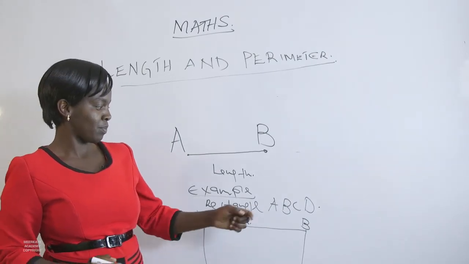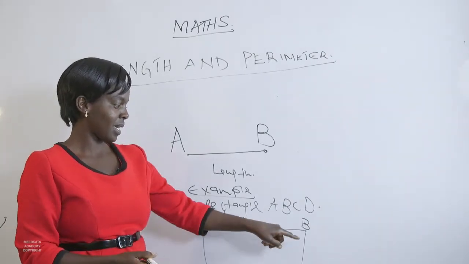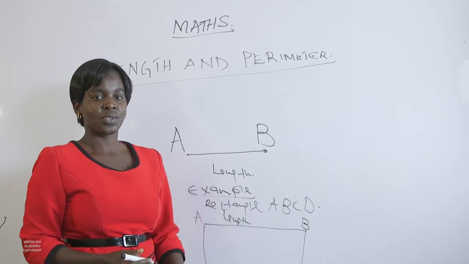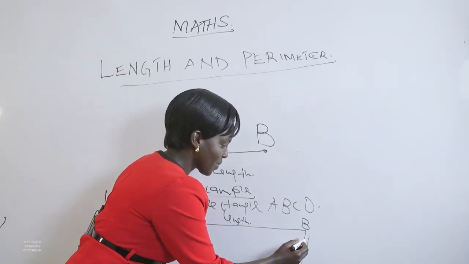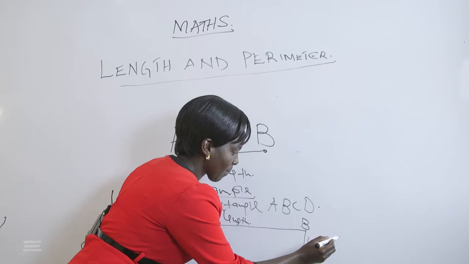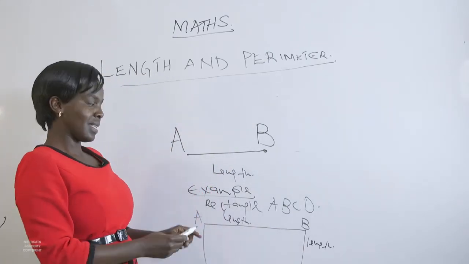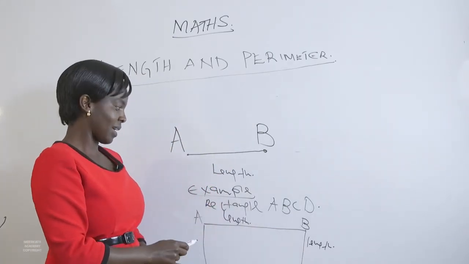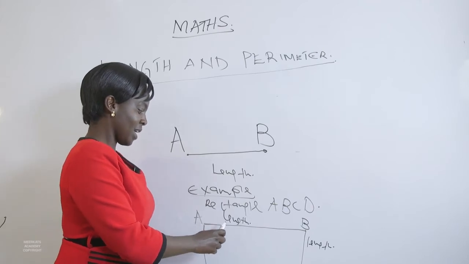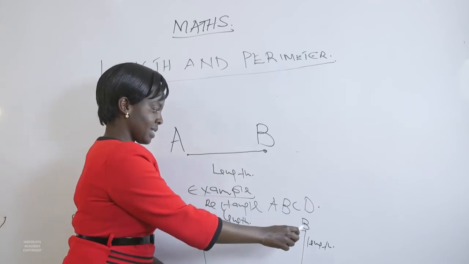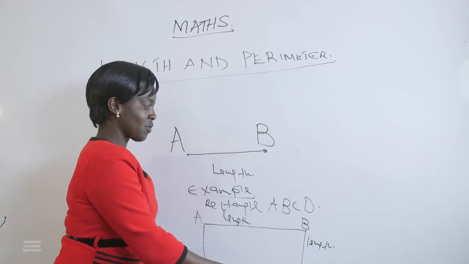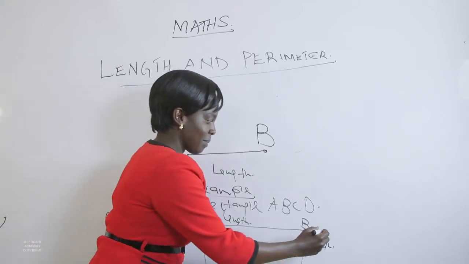Also, the distance between point B and point C is also referred to as length. But the distance all around the rectangle, that is from point A to D through points B and C, is what we refer to as the perimeter.